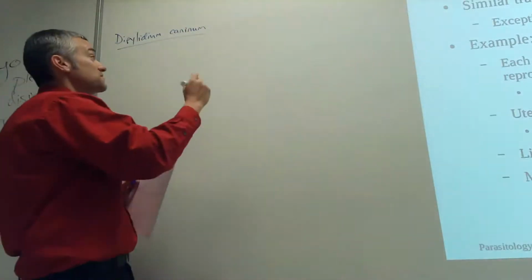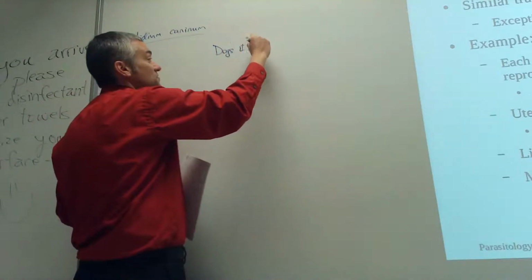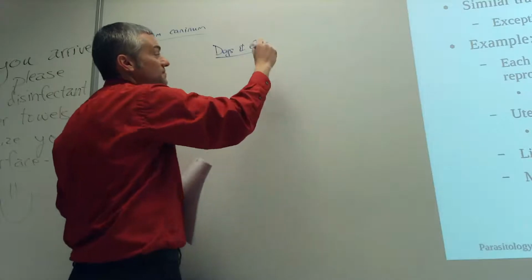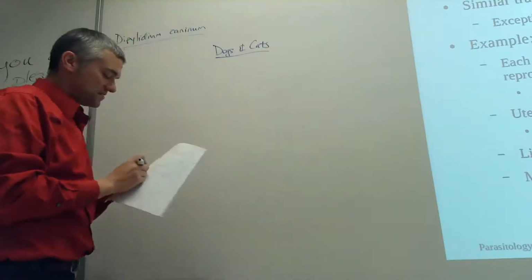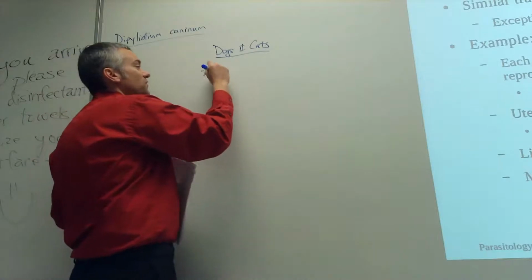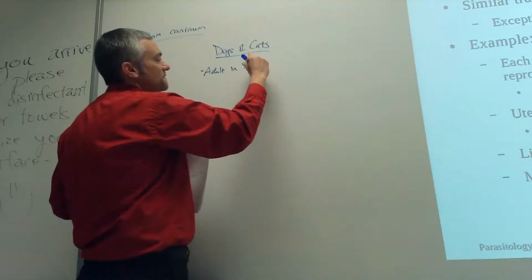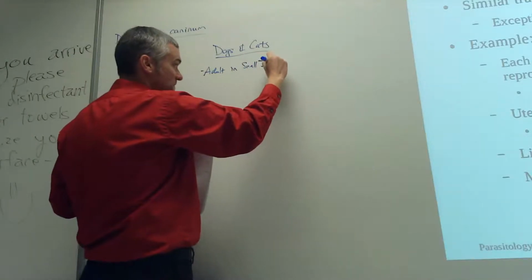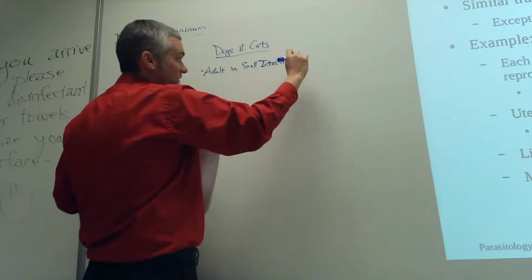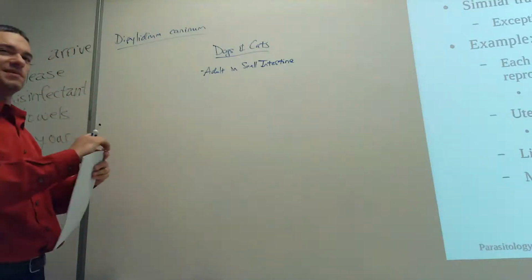And you're right, it goes into dogs, but also cats. Dogs and cats. And inside these, we will find the adult in the small intestine. If you're not sure where the adult is, small intestine, pretty good guess.